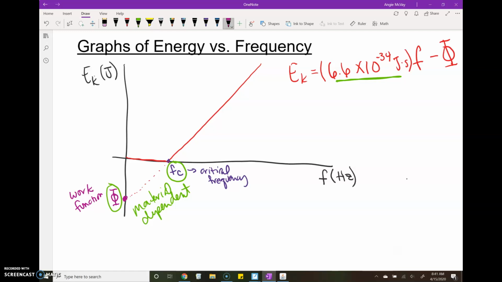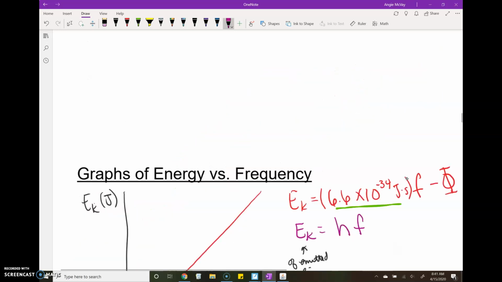So we can say kinetic energy, and this is the kinetic energy of the emitted electron, is equal to 6.67 times 10 to the minus 34. That is Planck's constant, lowercase h, times f.